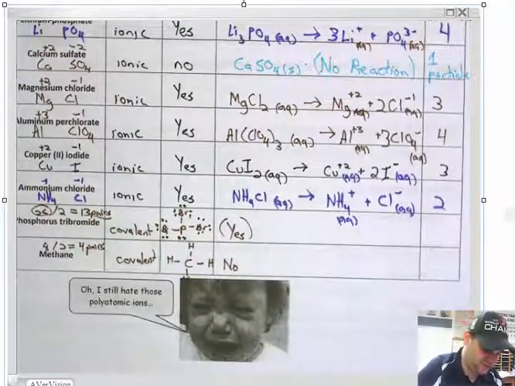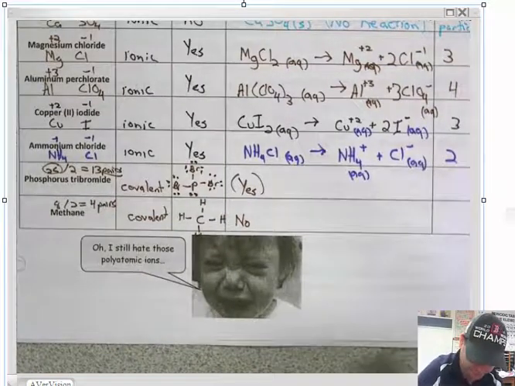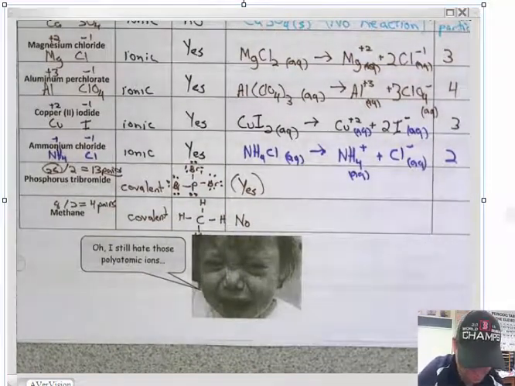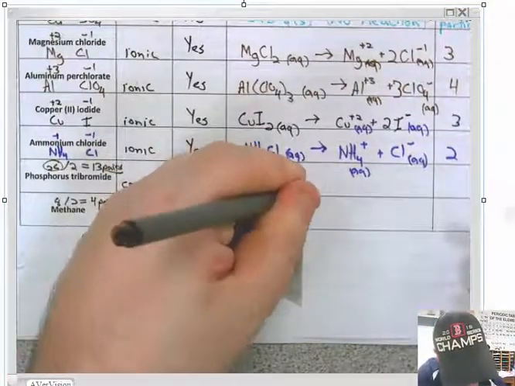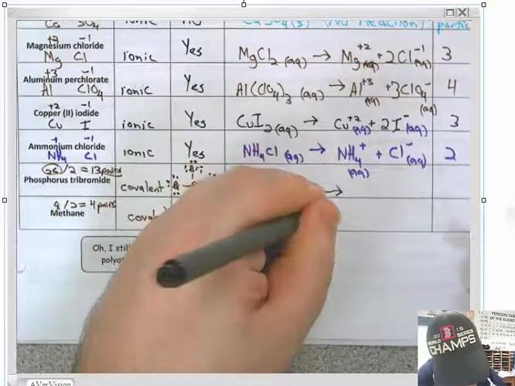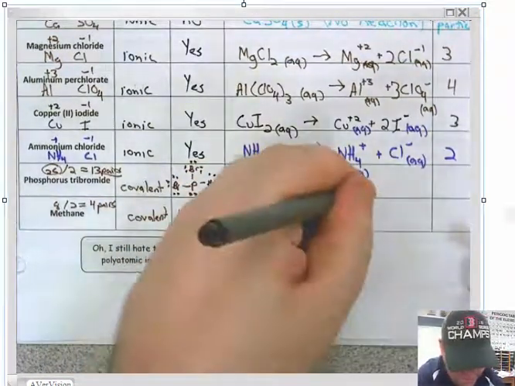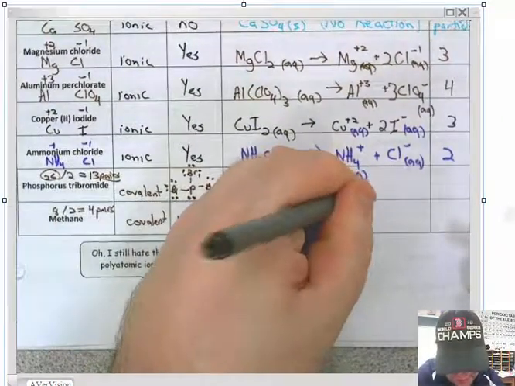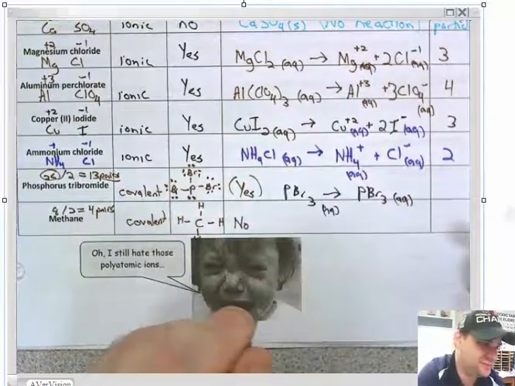Okay, now we get to phosphorus tribromide, which is soluble. But remember that this is covalent. This does not break up into ions. So this just stays PBr3 aqueous.